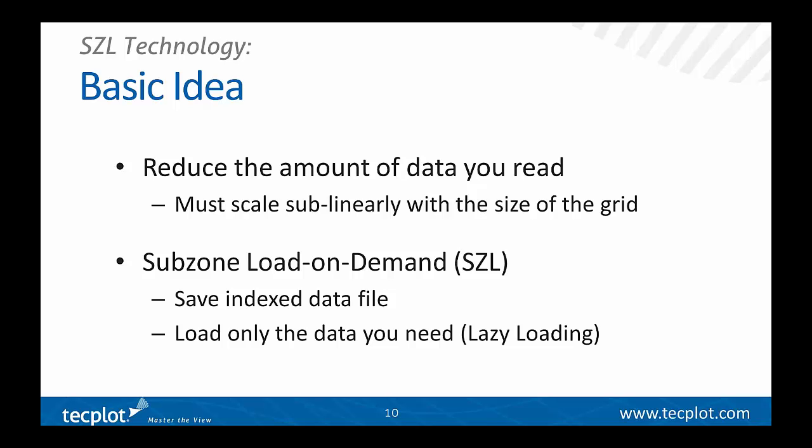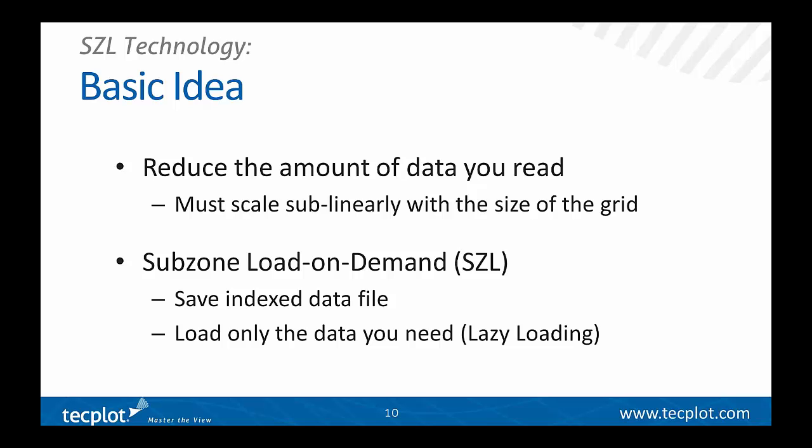And we do that with something we call subzone load on demand, or SZL. Basically, you save an index file, we index the data file, save the indexed information, and load only the data you need. So it's lazy loading.